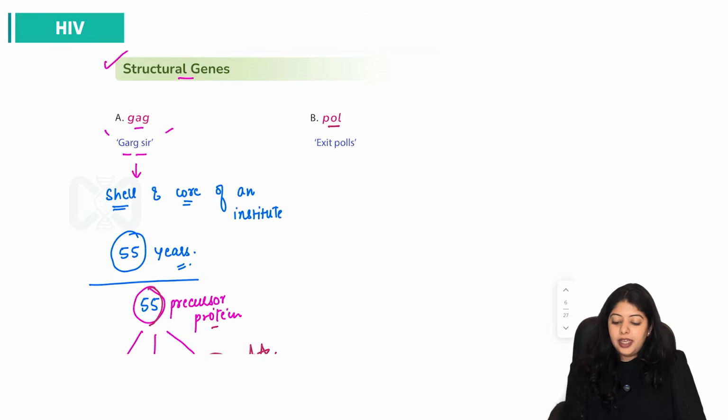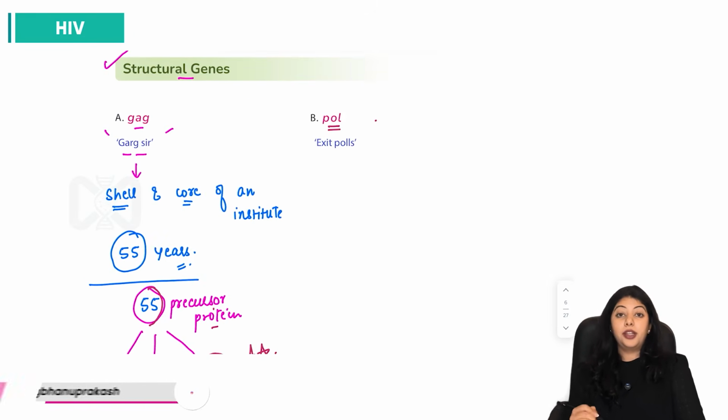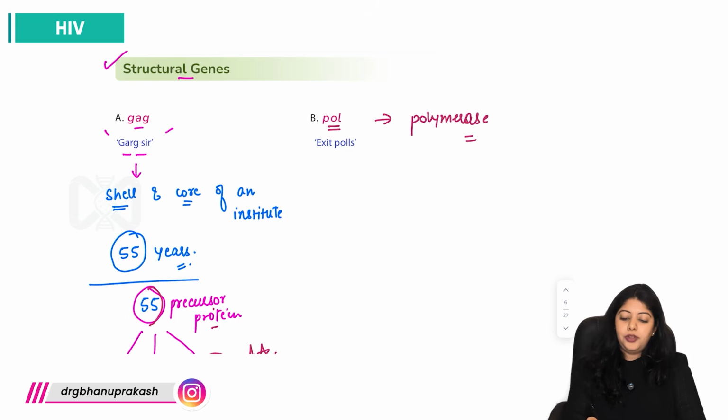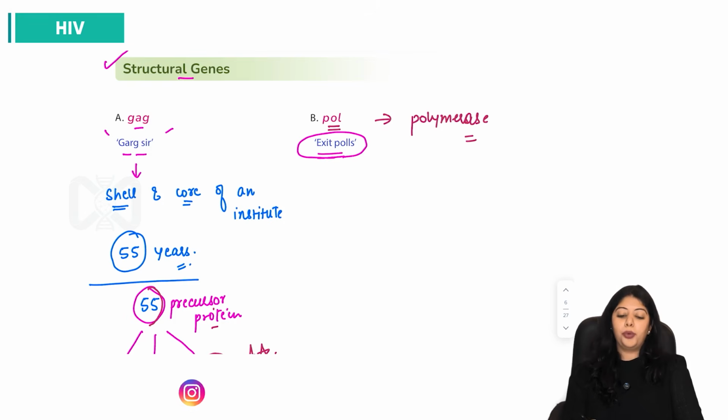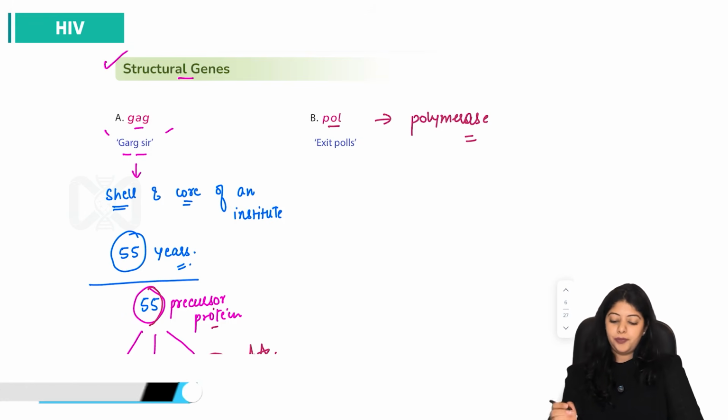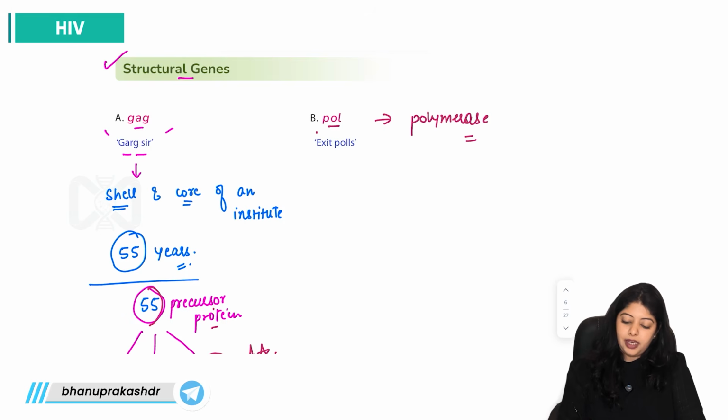Then we have another structural gene, which is the Pol. It stands for polymerase. So let's remember the next mnemonic, that is exit-Pols. What are we deriving from this mnemonic? Firstly, we have E. So naturally it is coding for the enzymes.